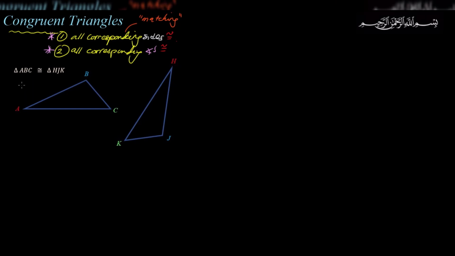When we say triangle ABC is congruent to triangle HJK, what we're saying is angle A is congruent to angle H, angle B is congruent to angle J, and angle C is congruent to angle K. That's very, very important.